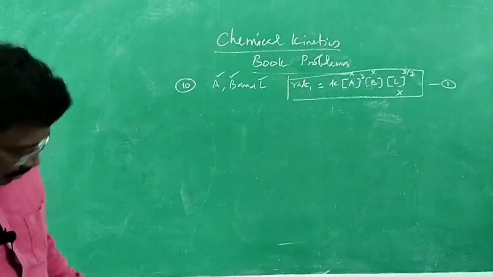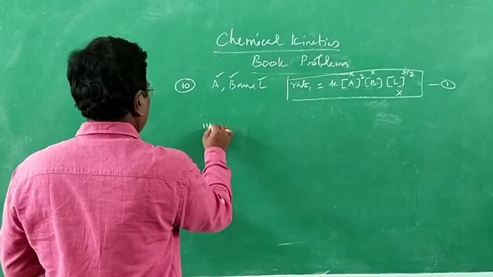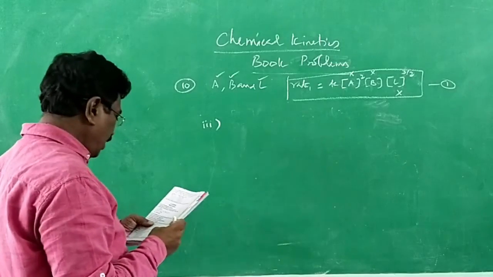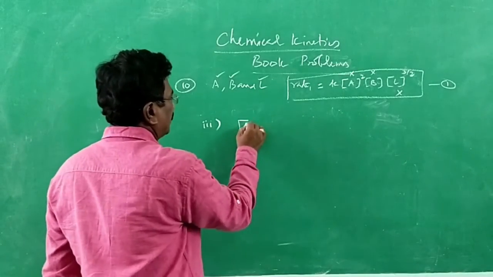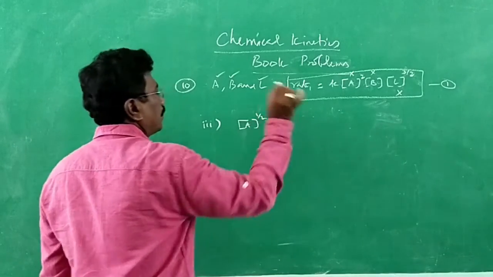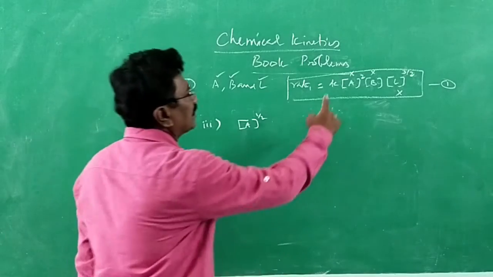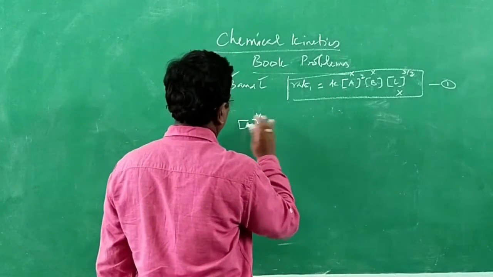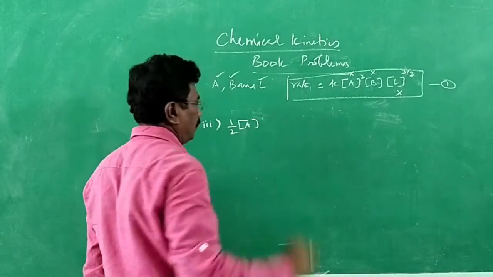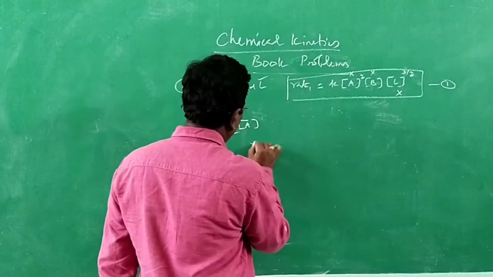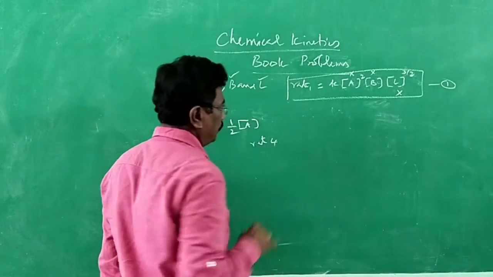Alright. Third subdivision. What is the third subdivision? Concentration of A is half. When concentration of A is half, what will happen? It is 1 by 2 A. Let it be rate 4.